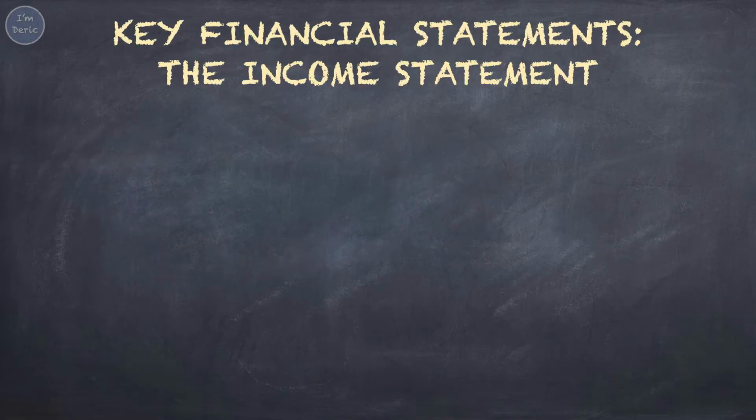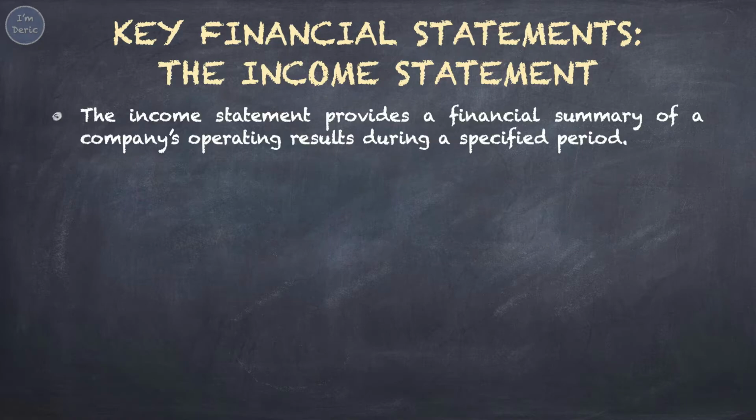Alright, first, let's look at the income statement. The income statement provides a financial summary of a company's operating results during a specified period. All the figures shown in the income statement are on 1-year basis. Revenue for 1 year, expenses for 1 year, and profit for 1 year.